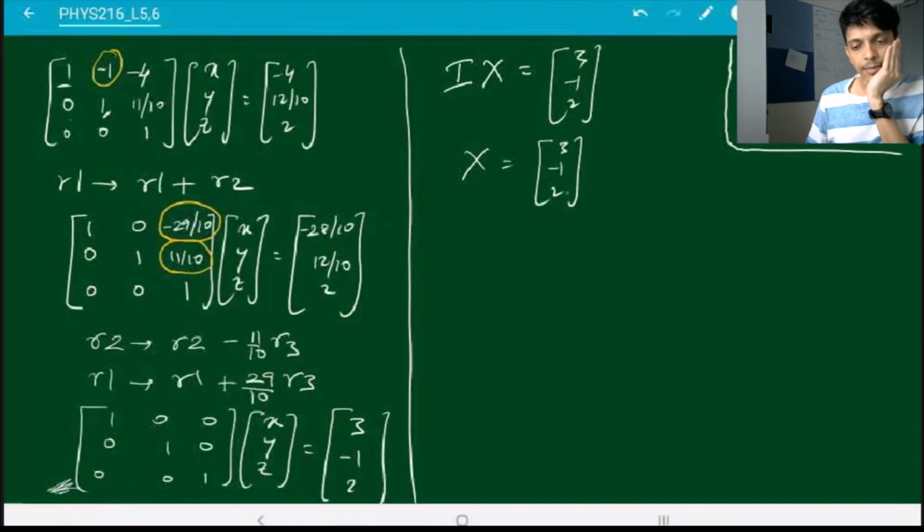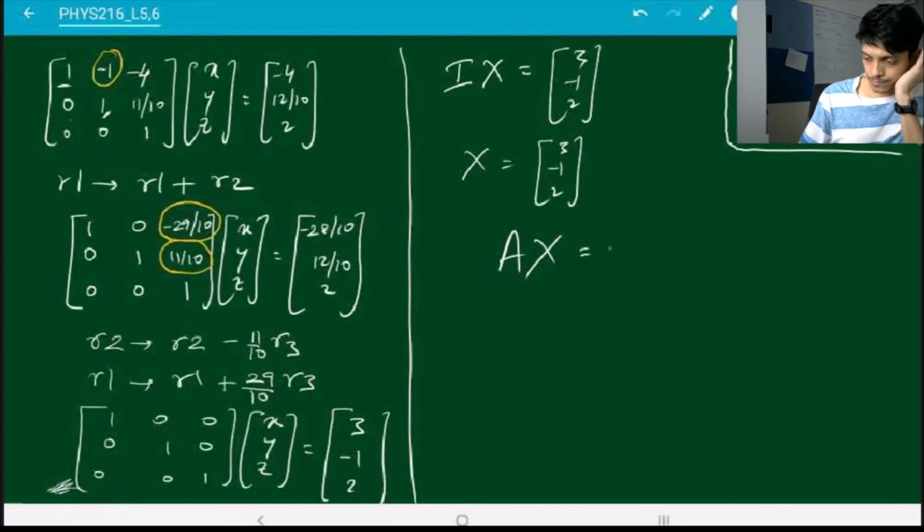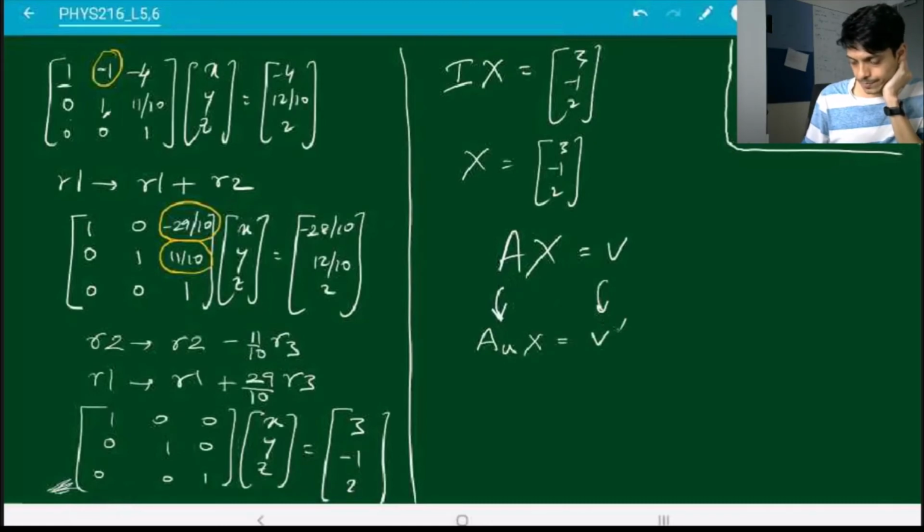By doing these elementary row transformations, we have reduced our matrix A. We started with AX equal to V, did some elementary row transformations, and you make this an upper triangular matrix, and this becomes some V prime. So let's call it A upper times X equal to V prime. And then by back substitution, you can calculate what the elements of X are going to be.